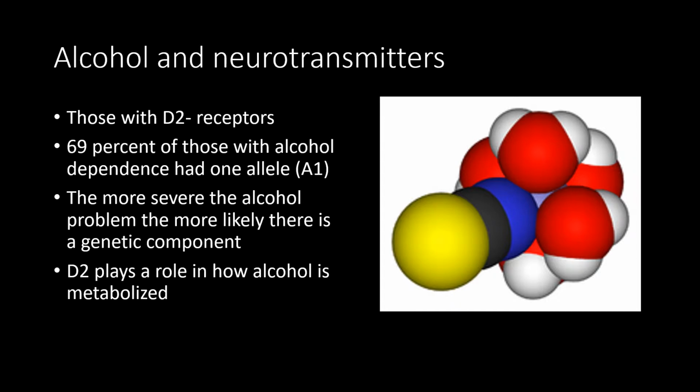An example of alcohol's effect on neurotransmitters: those with a D2 type receptor, which comes in multiple alleles, 69% of those with alcohol dependence had one specific.